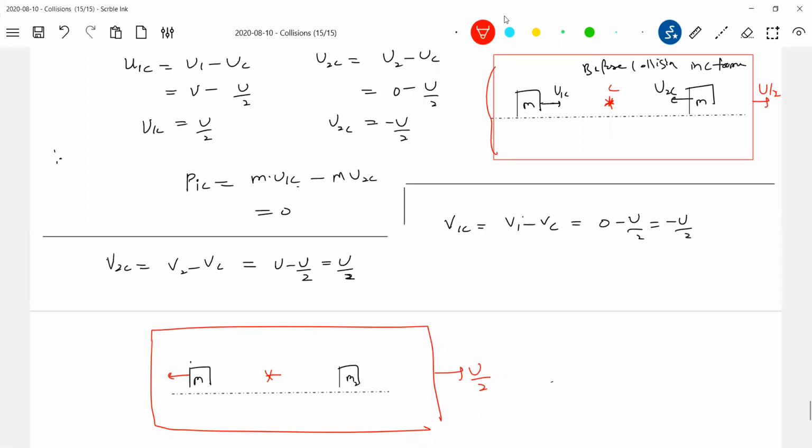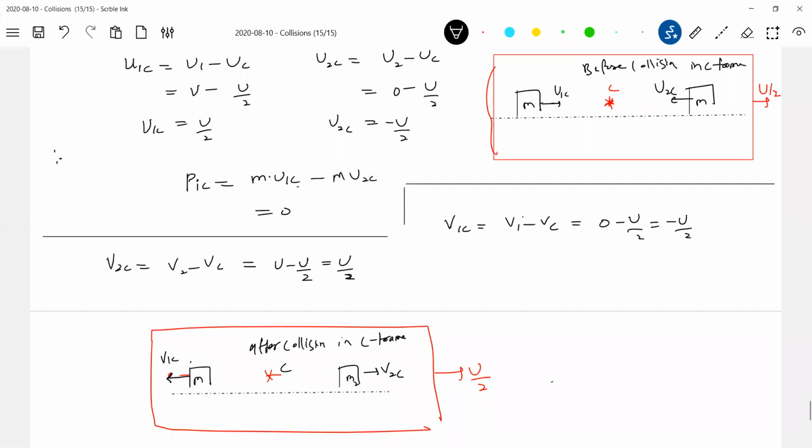This will be moving with a velocity v1c. This will be moving with a velocity v2c, after collision in C frame.